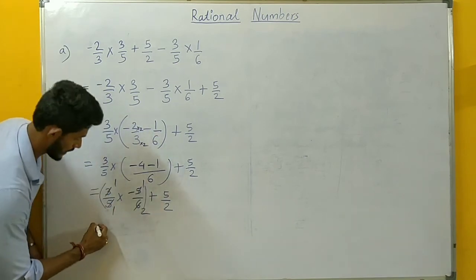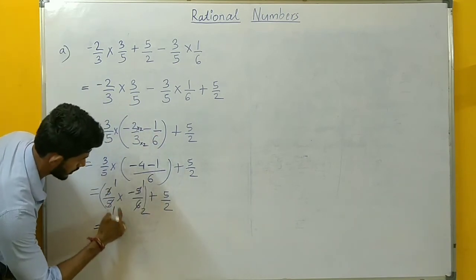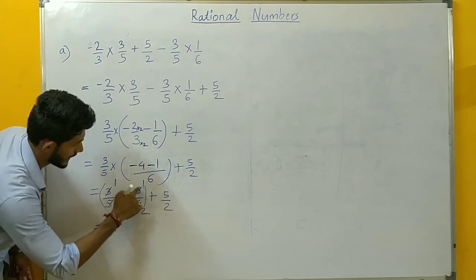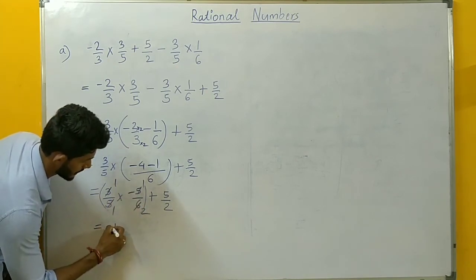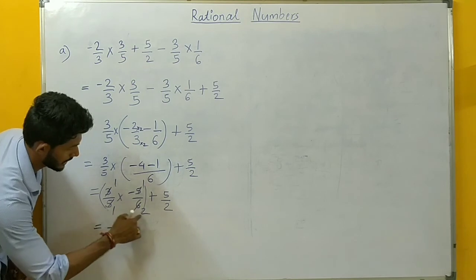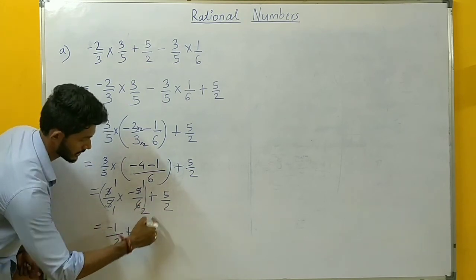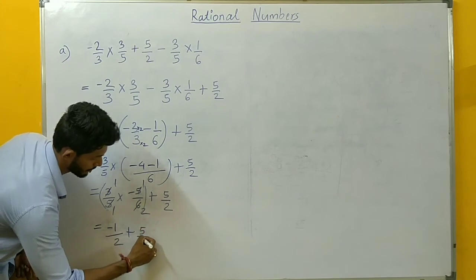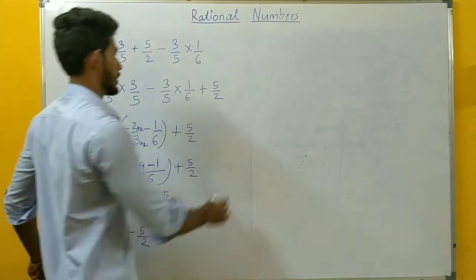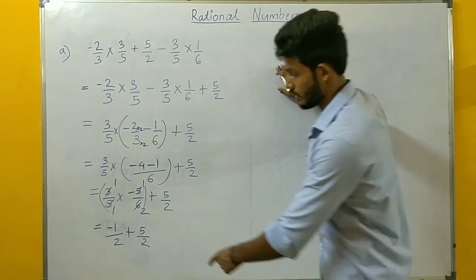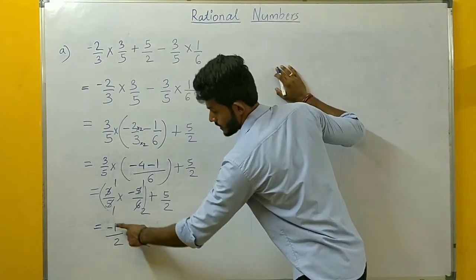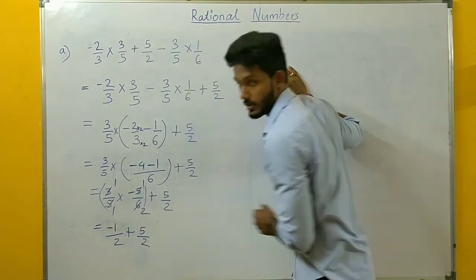So here we have 1 which is multiplied to negative 1, so it will become negative 1, and 1 multiplied by 2 is 2, plus this term, that is 5 by 2. So I'll write over here, since we have same denominators, we can directly compute the numerators.